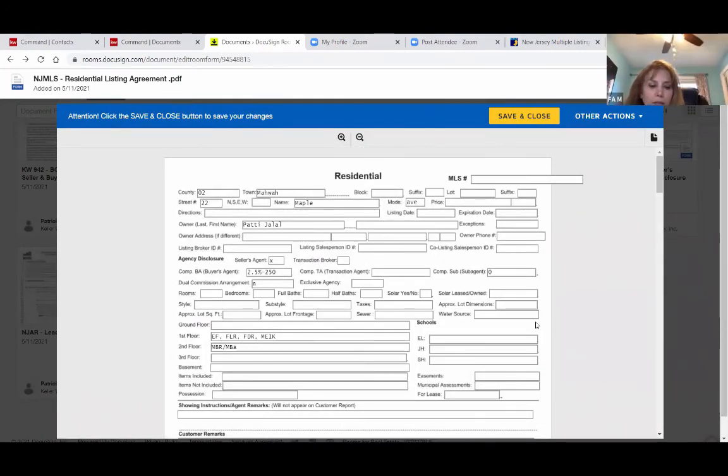Where do we get this listing agreement from, the MLS? You can do it through the MLS. You can create a listing agreement through the MLS under add modify a listing. But I think you need to learn how to use Command. So it would be in opportunities in Command. There are classes offered all the time.